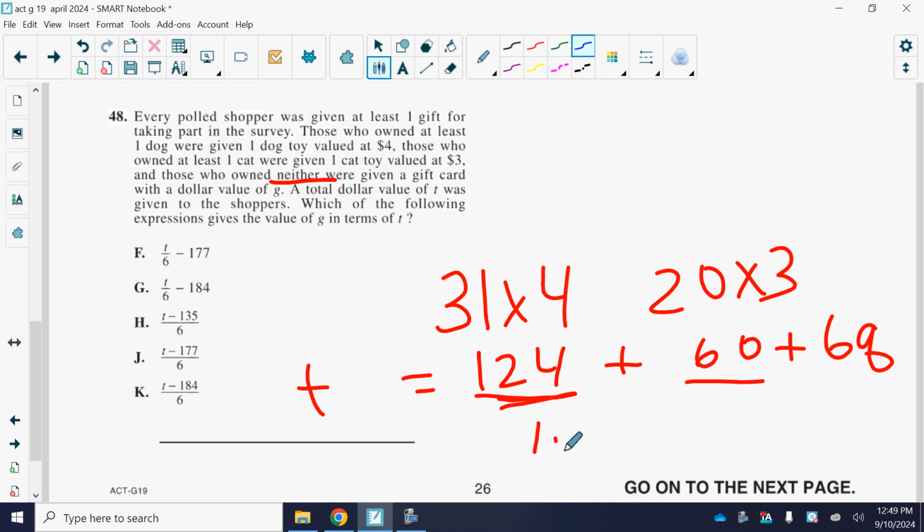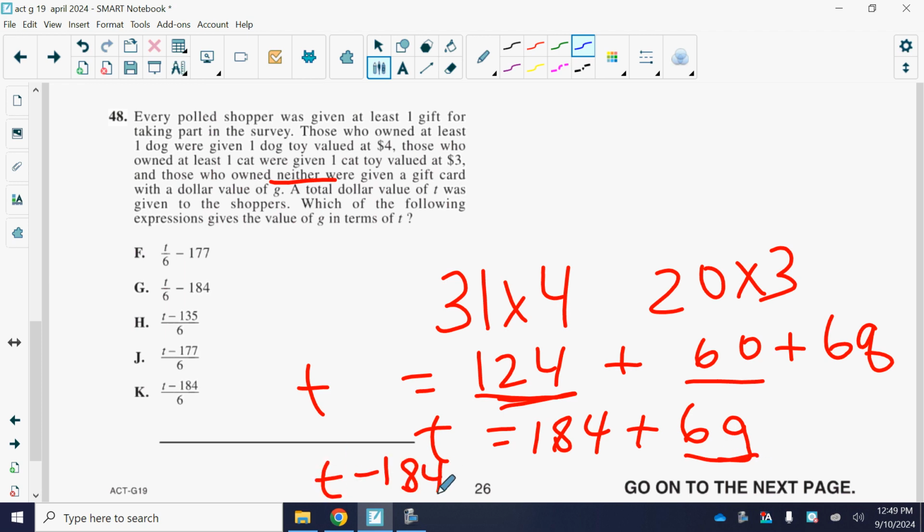So I spent 184 plus 6 times whatever that gift card was, huh? And naturally, they want to solve for the gift card. So I subtract 184 and divide by 6. Huh? So it would be answer K, T minus 184, and then you divide by 6.